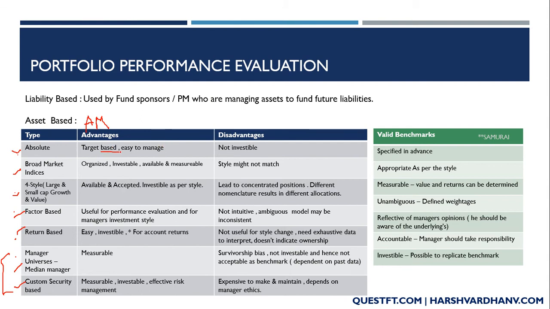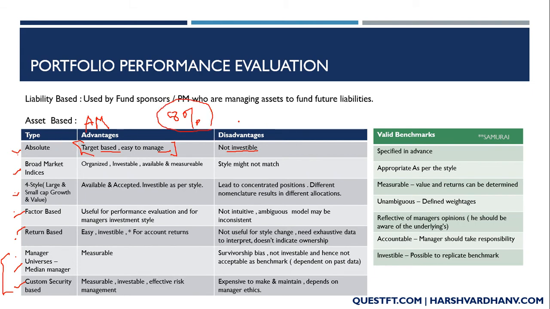Absolute is target based, easy to manage, but it is not investable. I can have an absolute benchmark. Say tomorrow morning, I can get up and call my wealth manager that I need 8% return from my portfolio. The manager will say, okay, fine, I take your point, it is 8% return, but how are you going to compare this? You have no comparison, right?